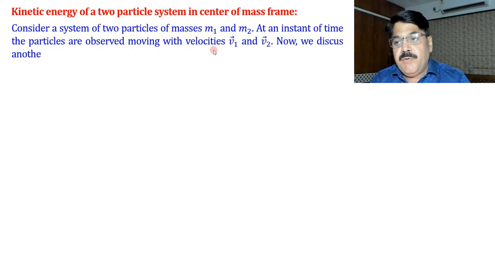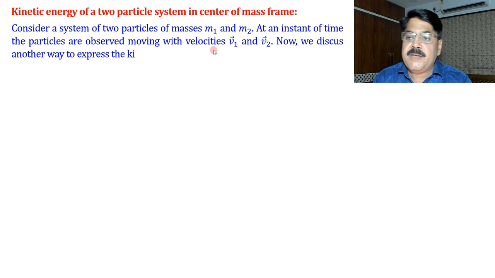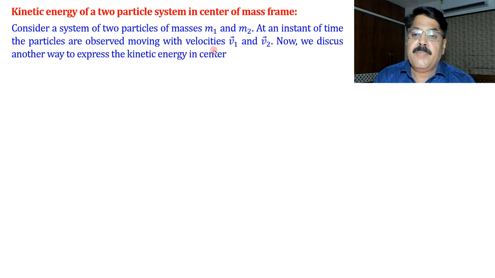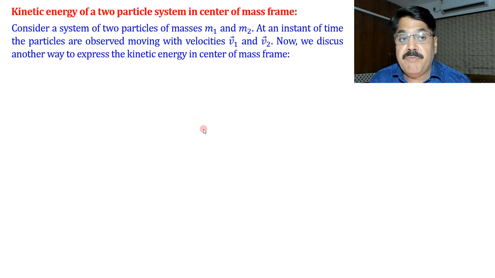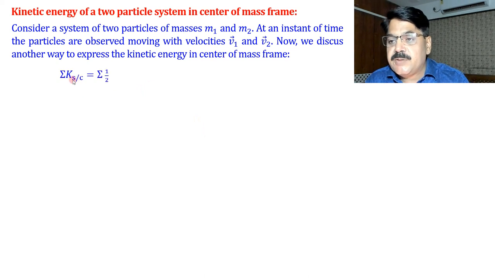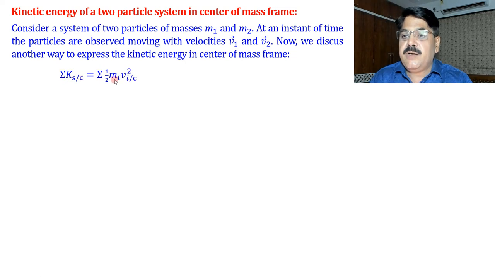Now, we discuss another way to express the kinetic energy in the center of mass frame. In the center of mass frame, the kinetic energy is the total kinetic energy of both the particles because of their velocities relative to the center of mass. So we can write sum K_S,C, where S is for system and C for center of mass.